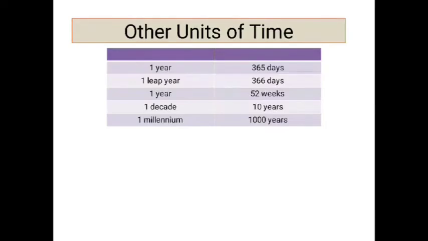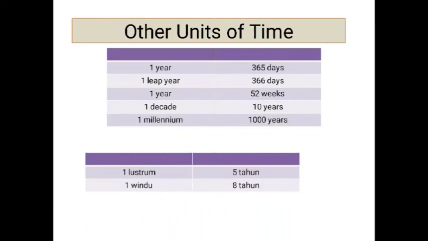In one decade we have 10 years. In 1 millennium we have 1,000 years. And in Indonesia itself, we have another unit of time. We have 1 lustrum. 1 lustrum terdiri dari 5 tahun.